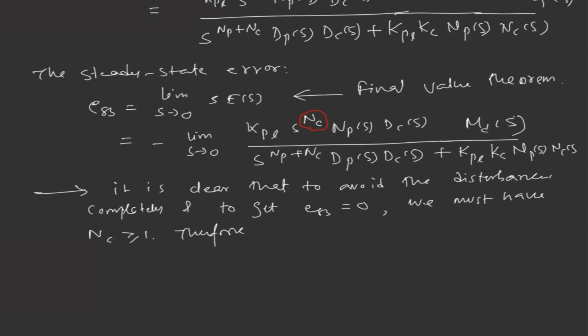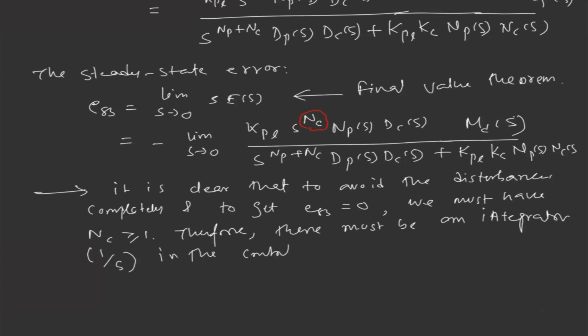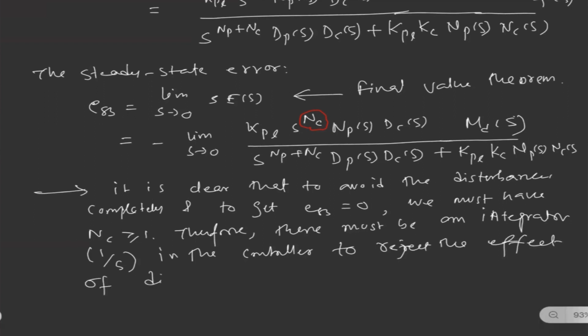Therefore, there must be an integrator, 1 upon s, in the controller to reject the effect of disturbance on the steady state error.